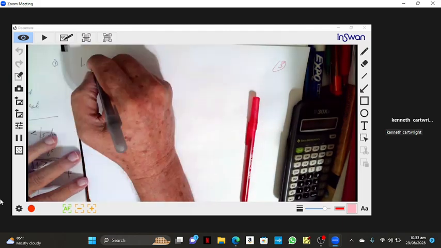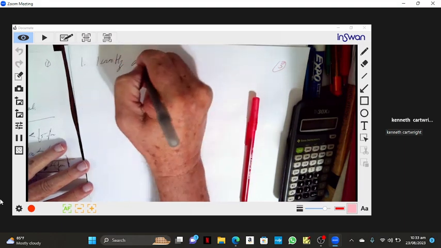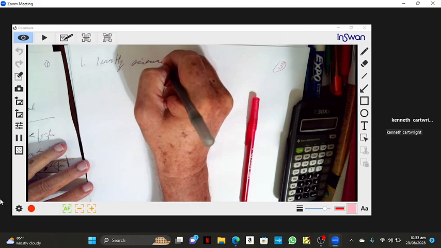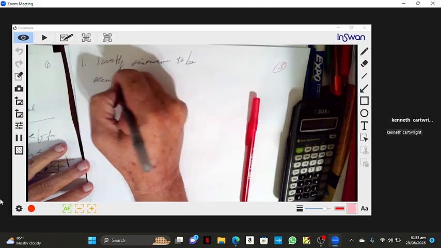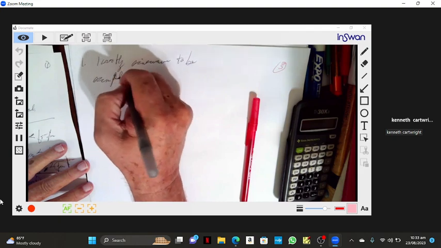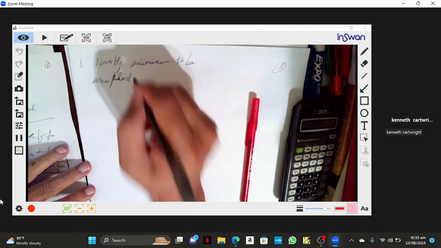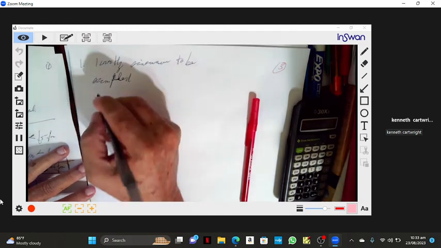So a 1,000 hertz sine wave to be sampled.